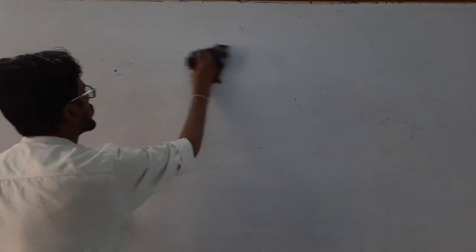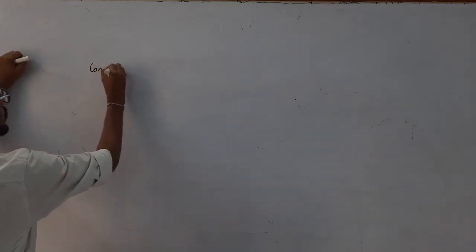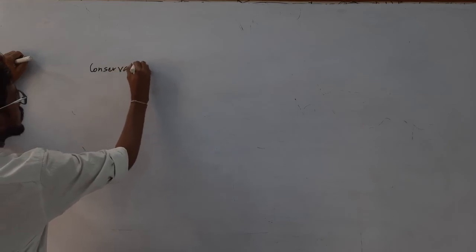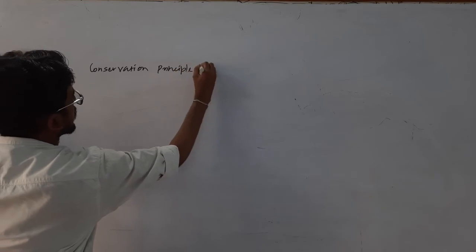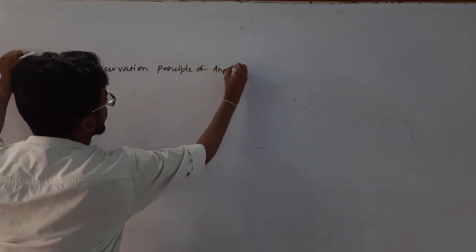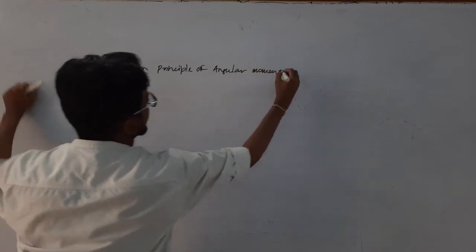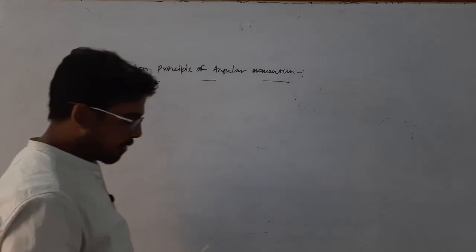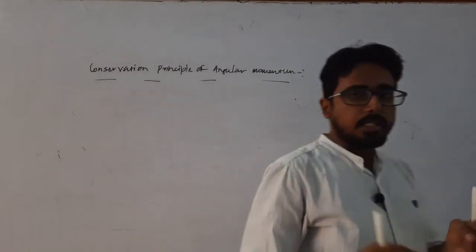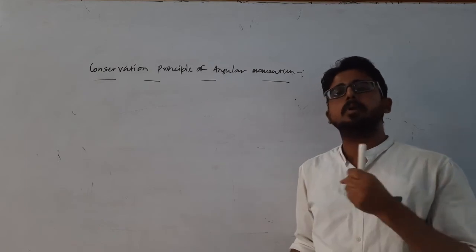Next, what is conservation principle of angular momentum? So as we already studied in case of conservation of linear momentum, for an isolated system the total momentum is constant or the change in momentum is zero.